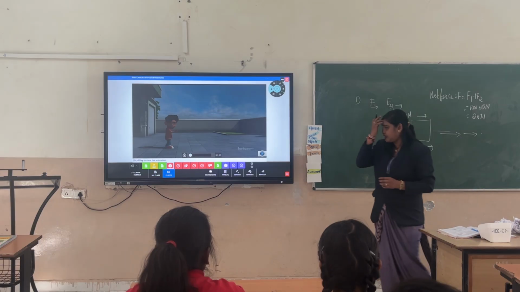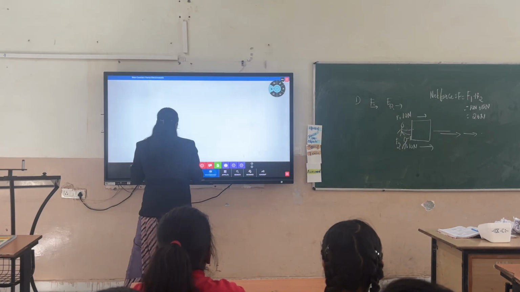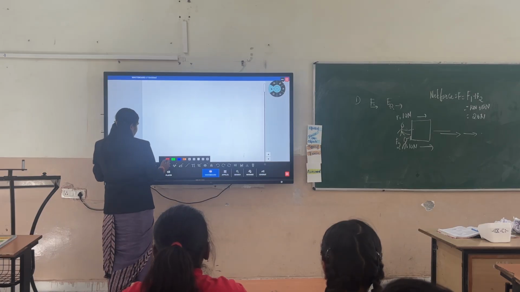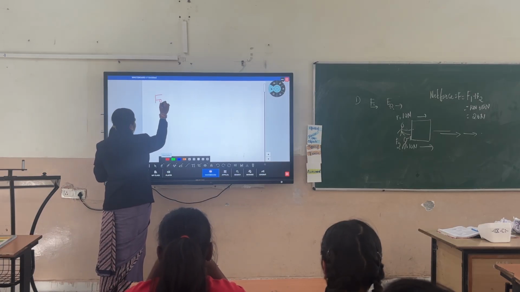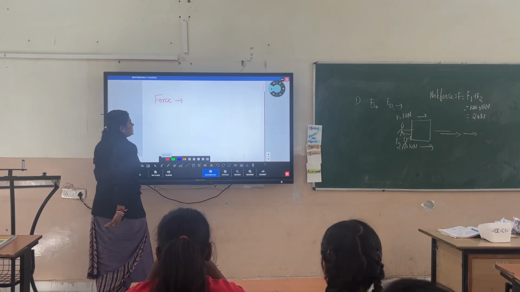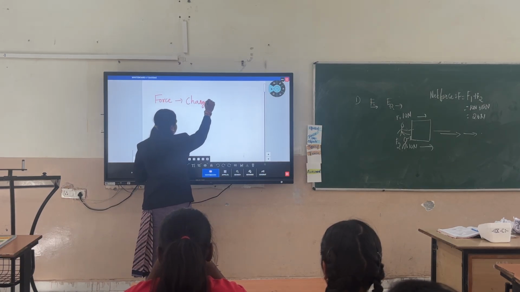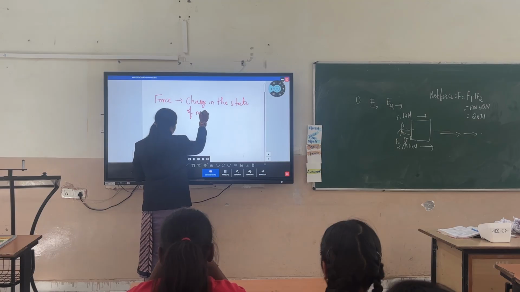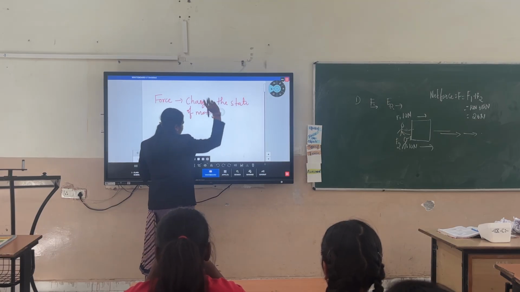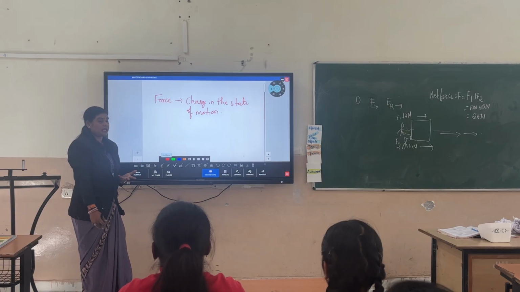Let's just make the points. I'll just write here. After the application of the force, when you apply force on an object, the first thing is change in the state of motion. If the object is in motion, it will come to rest. If it is at rest, it can start moving.